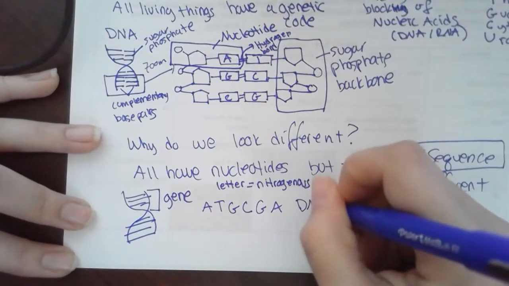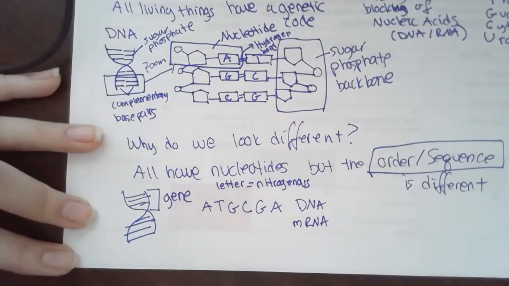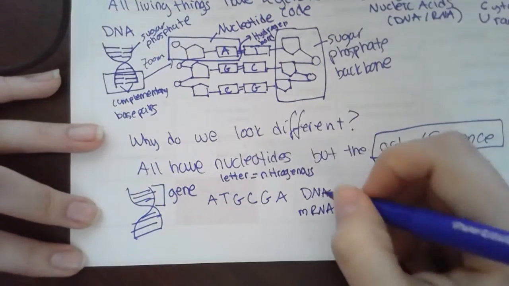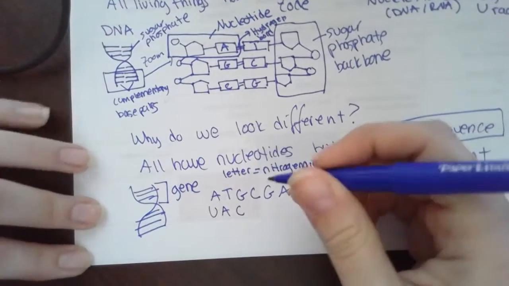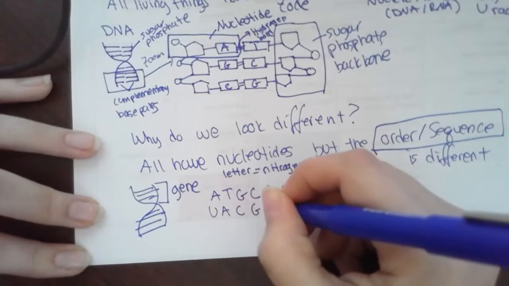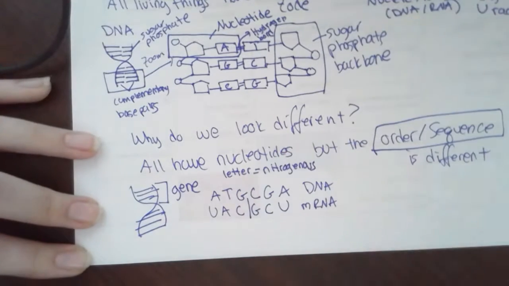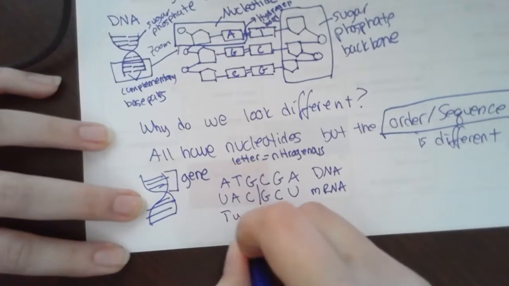So remember, we're starting with my DNA, my gene, and then the way that we really see how we differ is when we start to transcribe it and make it into proteins. So remember, when we're transcribing from DNA to RNA, that means that I'm using the pairs A to U, T to A, G to C, C to G, G to C, and A to U. And if I divide my mRNA into codons, now I can translate it into amino acids.